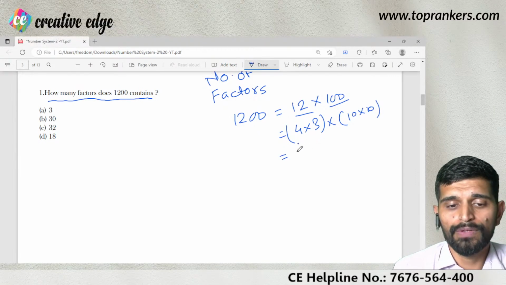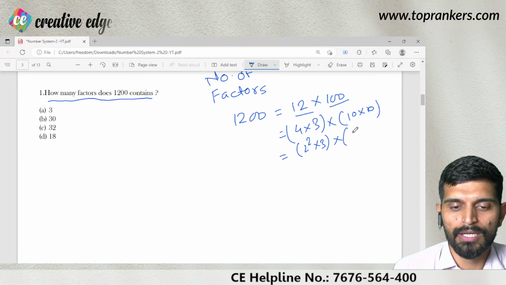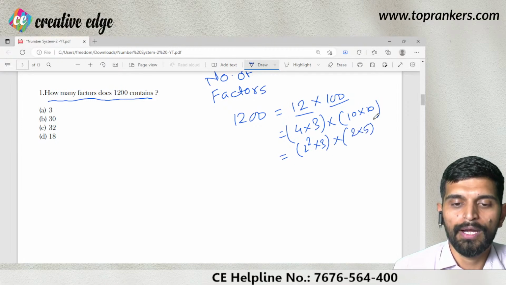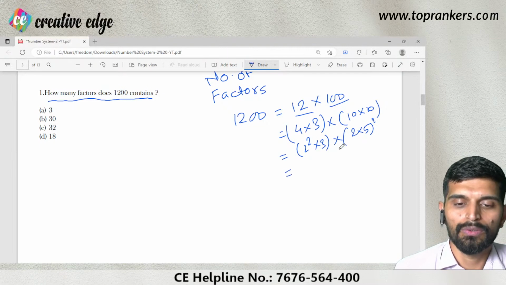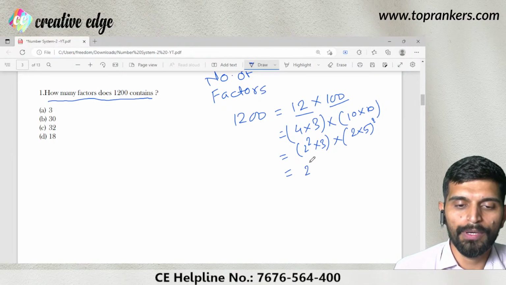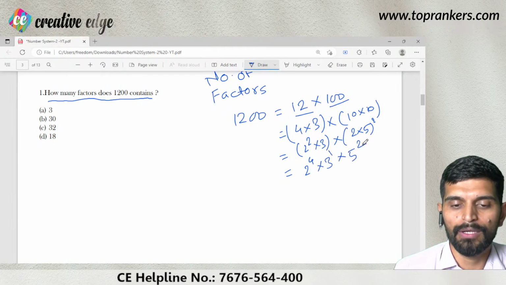As I've told you, we need to convert this into prime numbers. So that will be 2 to the power 2. 3 is already a prime number. This 10 into 10 is again (2 into 5) whole squared, because it is 2 into 5 into 2 into 5. So we'll have 2 to the power 4 into 3 to the power 1 into 5 to the power 2.